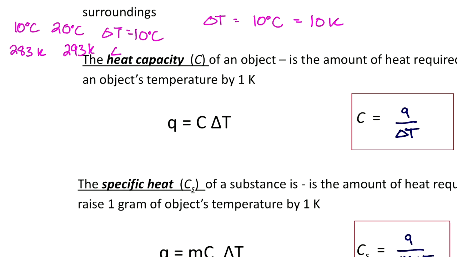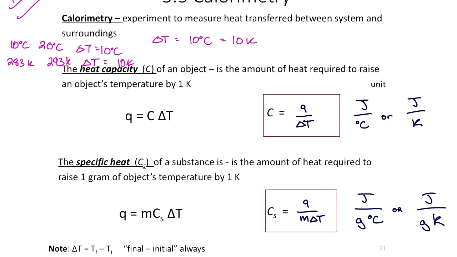All right, so take the delta T of those two Kelvin temperatures. It's 10 Kelvin, all right? So that's proof that this joule per degree Celsius or joule per Kelvin, it's the same thing when it's a delta T, all right? Regardless if you're in Kelvin or degree Celsius, as long as it's a delta T, the difference increment is the same. All right, so that's heat capacity.